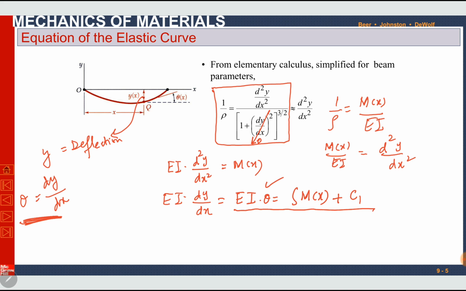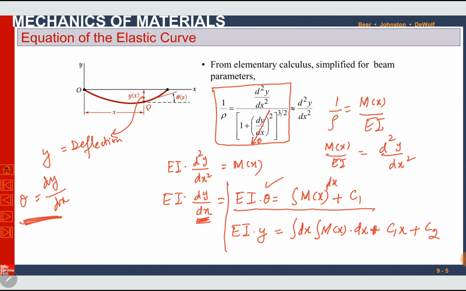Integrating it once more, we can write it as EI y. Differential integral of dy by dx is y. It will be double integral of moment dx plus C1 x plus C2.